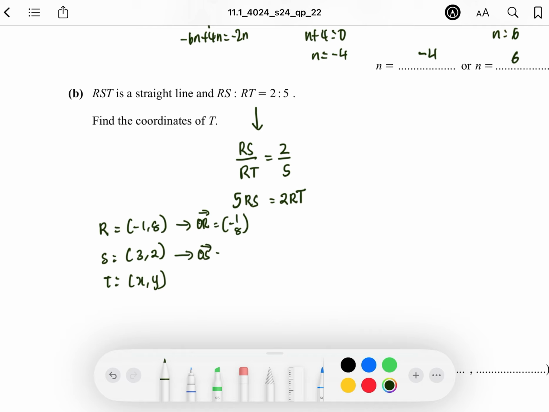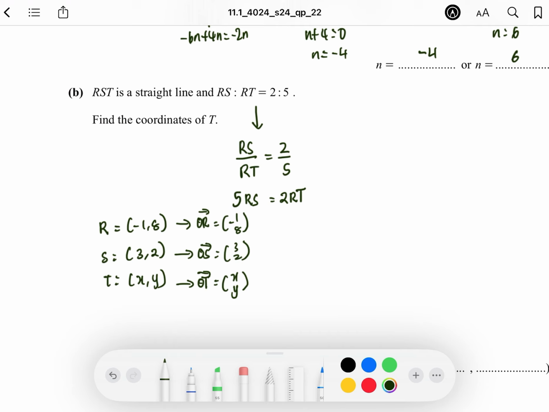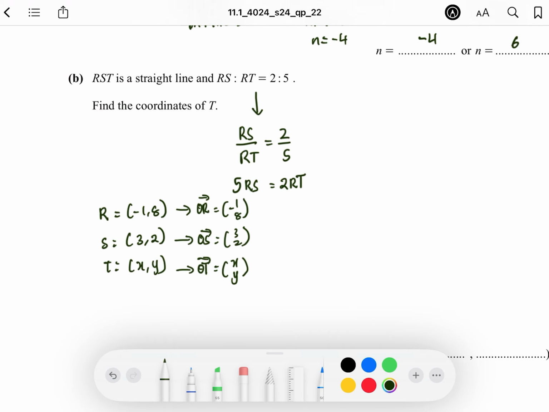Position vector of OS is 3, 2. And position vector of OT is x, y. And we can put it in vector form so it remains consistent.